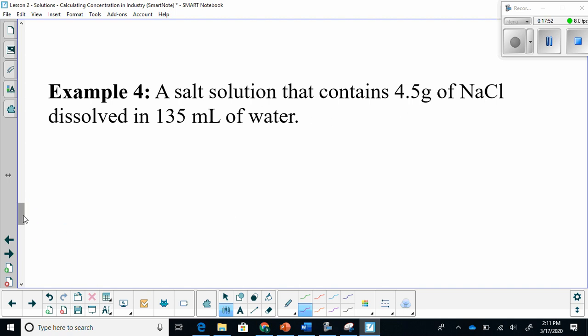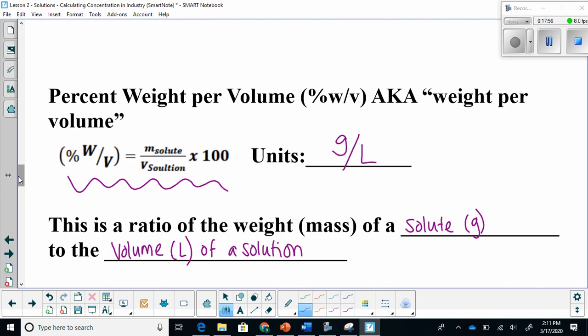the percent by weight. Hold on, I gotta make an adjustment here. This is actually milliliters, and this is volume in milliliters, okay? So fix that up.